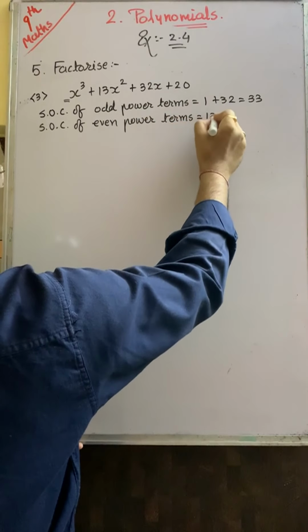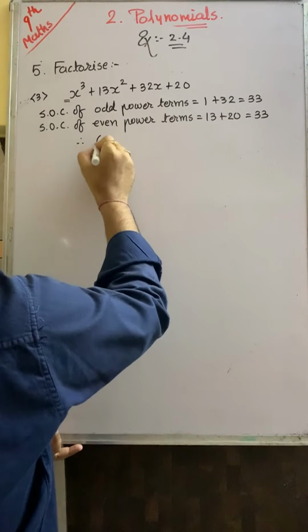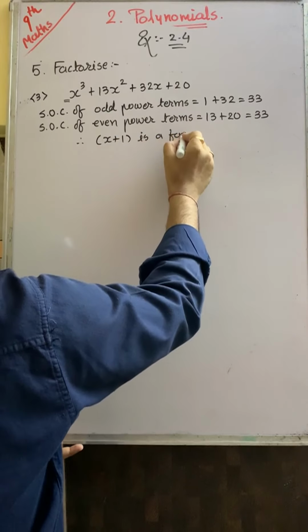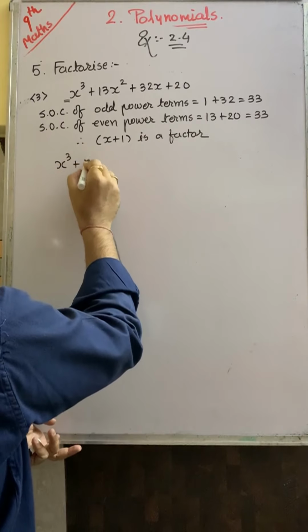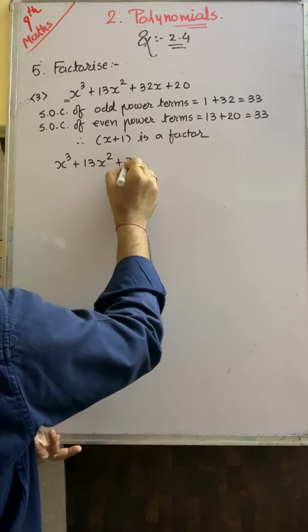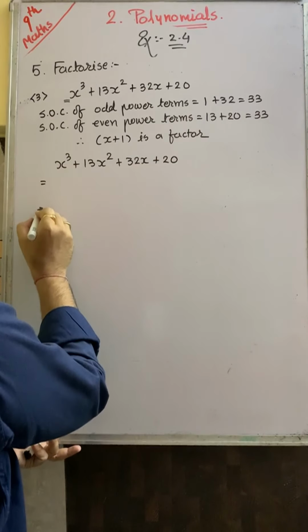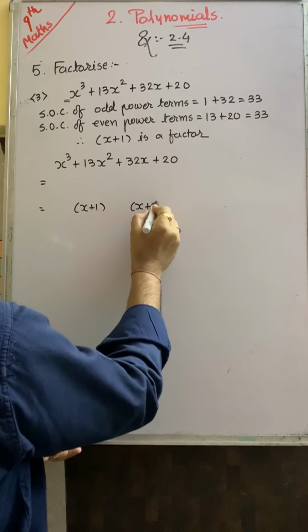Even power terms are 13 plus 20, 33. Therefore, x plus 1 is a factor. Again, write the question. Leave a line and write x plus 1 three times, leaving some space.